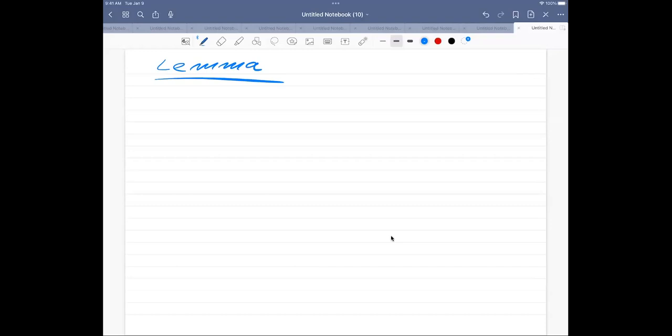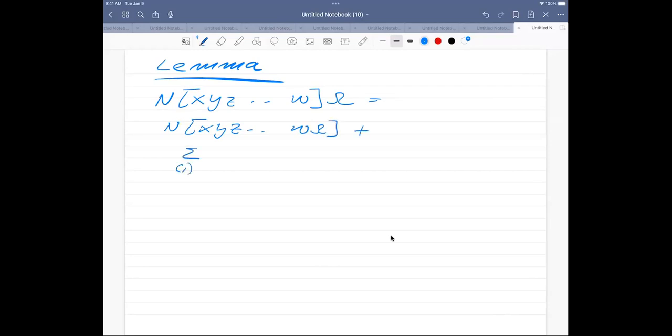So what we are saying then is that if we have a normal ordered chain already of a set of operators x, y, z to some w, and we add a new operator, then this can be written as the normal ordered chain of operators x, y, z, w and omega, plus the sum over all the contractions of these operators with a newcomer.